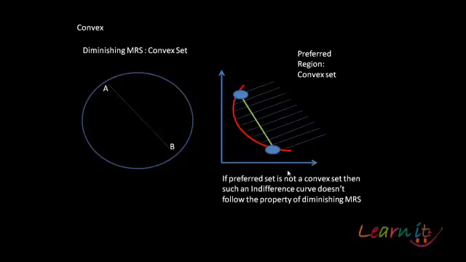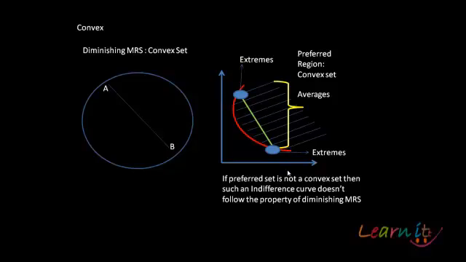That is, supposedly if you pick these 2 points, A and B, or say x1 y1 and x2 y2, on any indifference curve, and then you join them by a line segment, any point on the line segment, in the middle or somewhere, would be strictly preferred to x1 y1 and x2 y2.